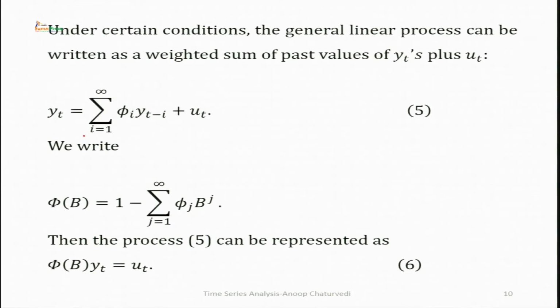So, now it is a function of past values of y_t's. Actually, it is a weighted sum of past values of y_t's, and then you have this u_t, which is termed as shock.